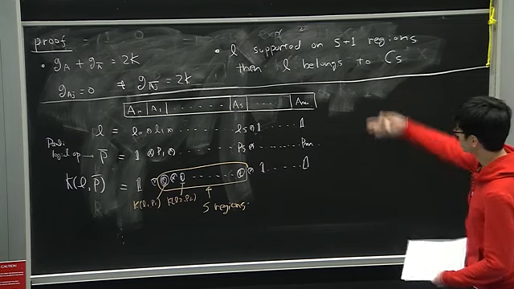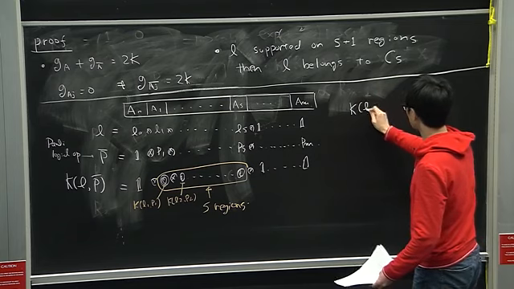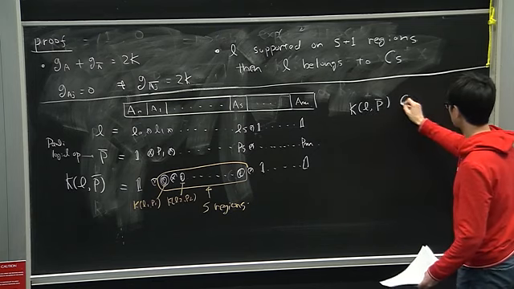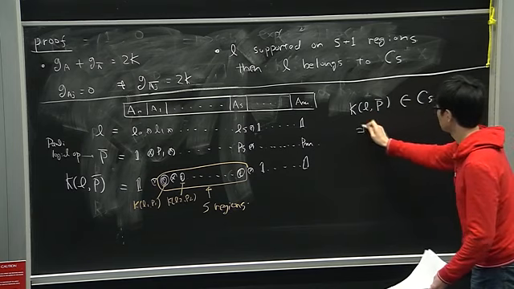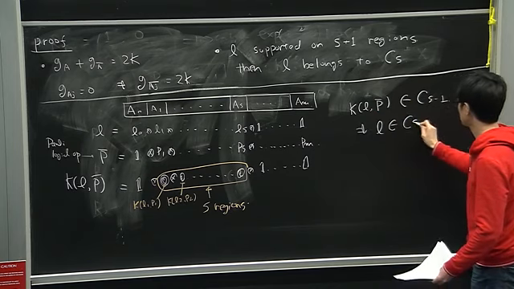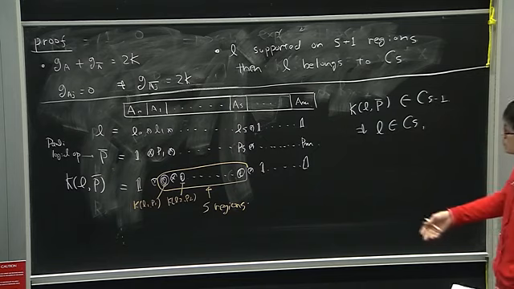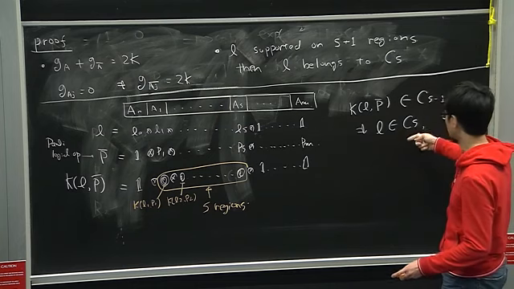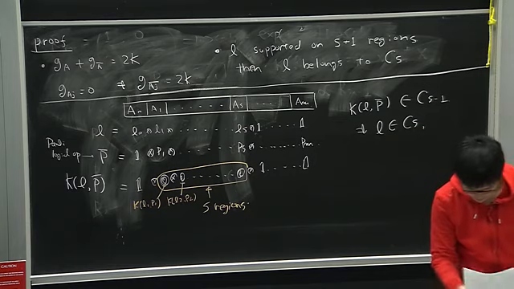Now, because we want to use an induction, we know that this should belong to C_{S-1}. This implies that L should be inside level S. And you can use this argument recursively, then you can prove this lemma. That is, you can basically put S equals M. That's what you need to do. Okay.